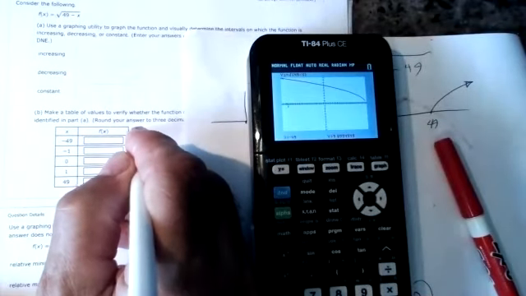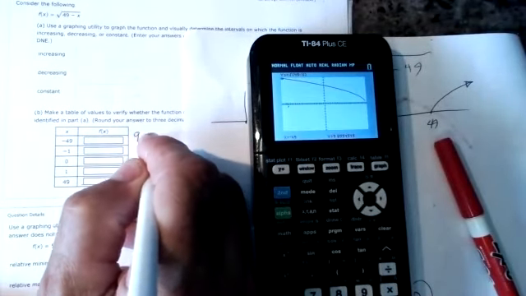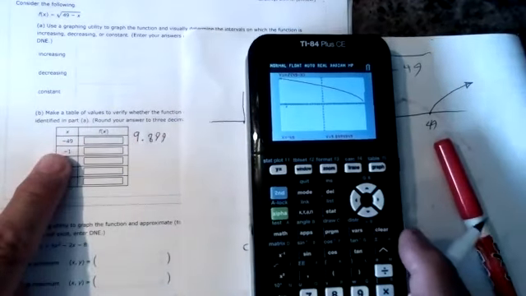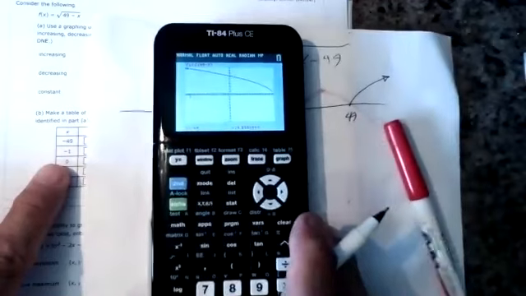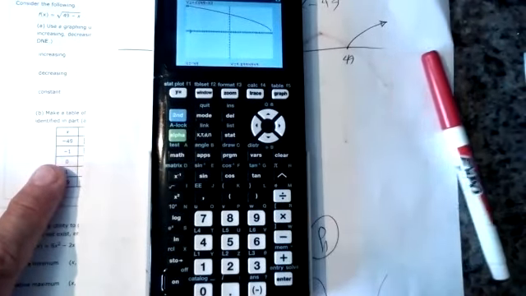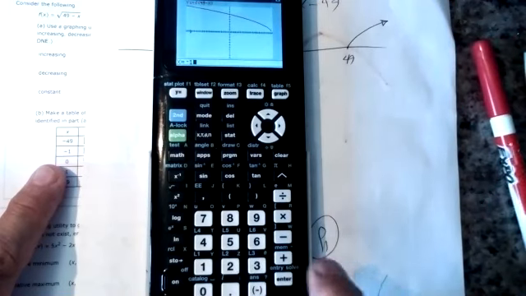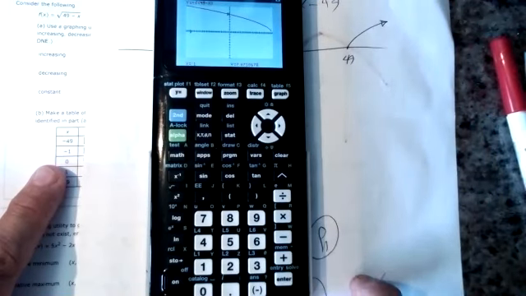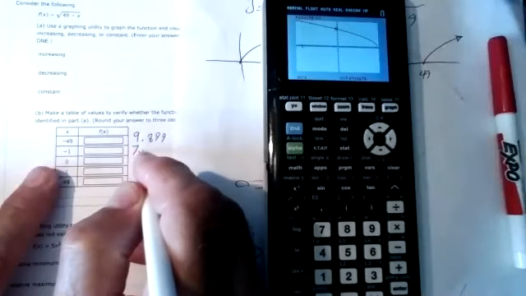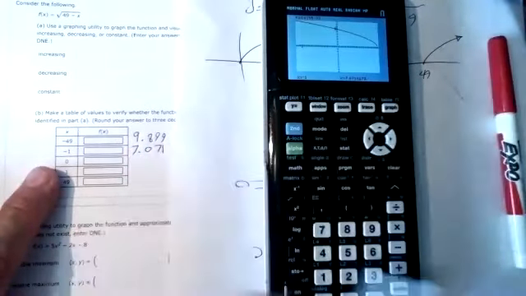It's 9.899. How about negative 1? Negative 1, enter, 7.07. 7.071.